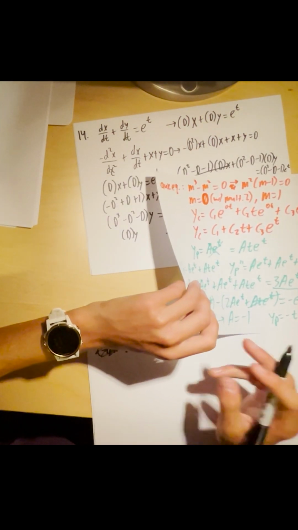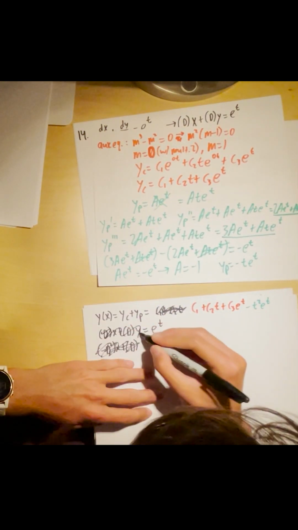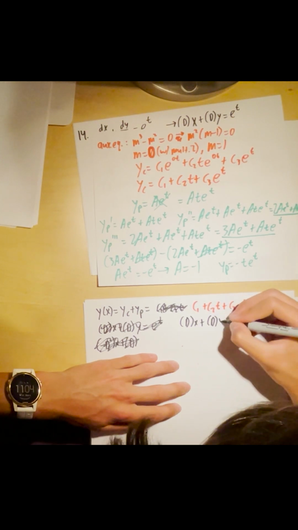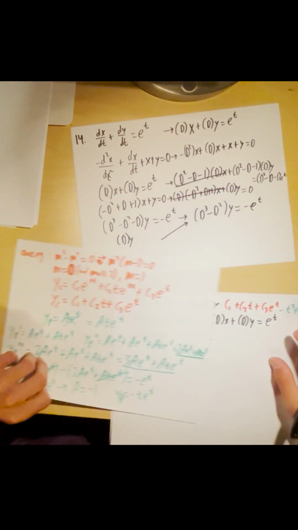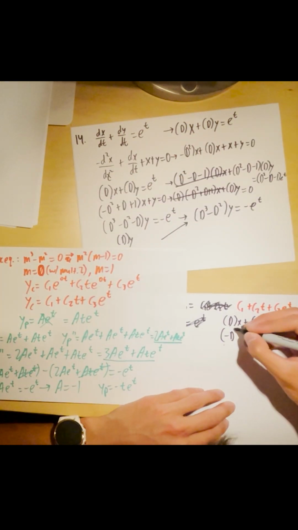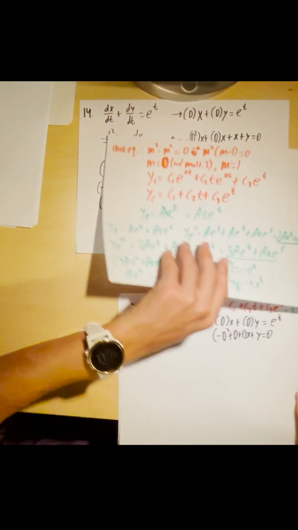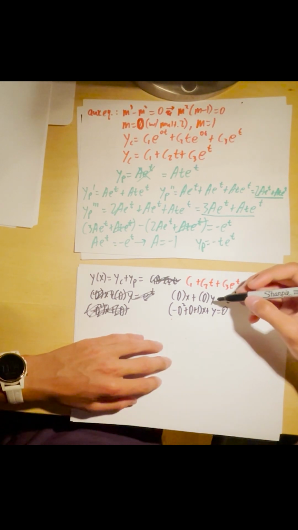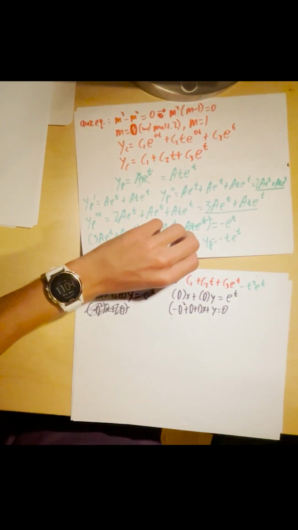Negative d squared plus d plus 1. Let me write it one more time. Now we can start to manipulate these in order to eliminate y. In the previous example, the previous time we did this, we eliminated the x's. So we're going to be eliminating y here.